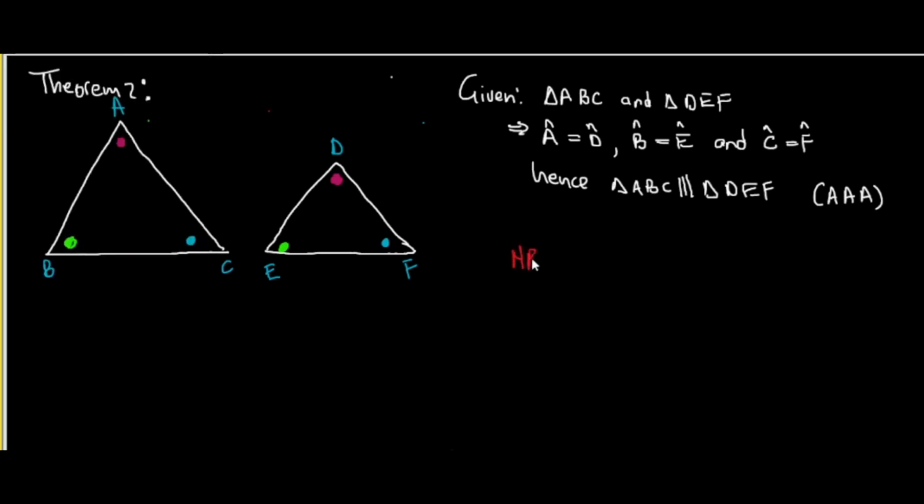If you have 2 triangles that have 2 corresponding equal angles, then you can conclude and say that the third angles in each triangle are equal.